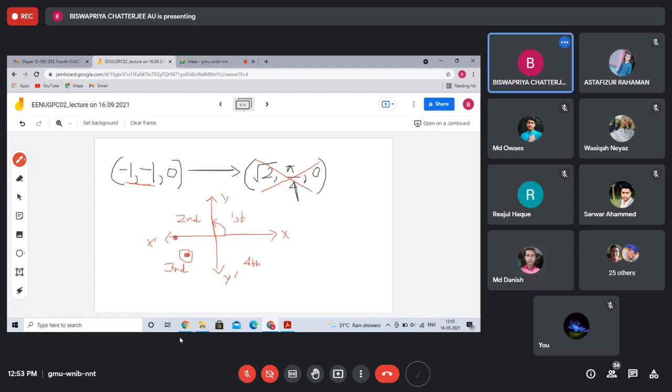Yes, 180 to 270. So it cannot be pi by 4, because pi by 4 is a position in the first quadrant, where the angle ranges from 0 to 90. It cannot stay in the third quadrant. Now please tell me the answer. What should this angle be?